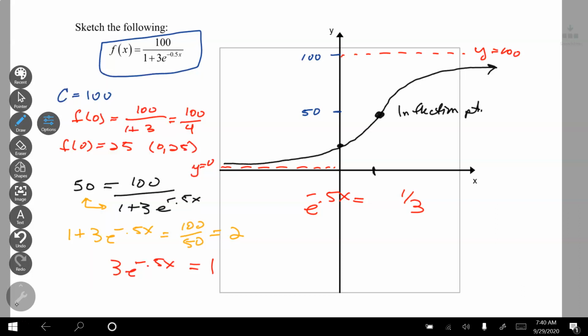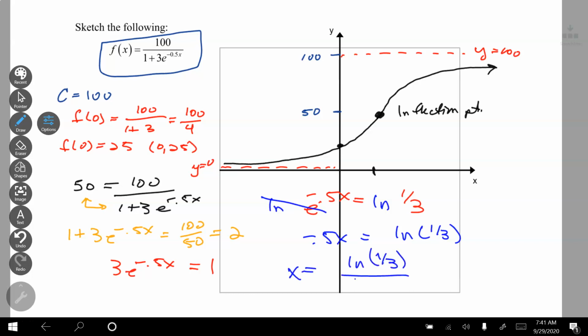And because it's an e function, I'm going to natural log both sides. Negative 0.5x is equal to the ln of 1/3. And I divide out, I get x is equal to the ln of 1/3 over negative 0.5. I'm going to put this in the calculator and see what I get.